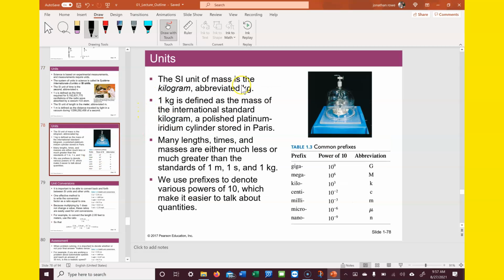The SI unit of mass is the kilogram, abbreviated kg. This is the one that's been the toughest to get a good standard for the scientific community. Right now, here's the definition, but they're constantly trying to figure out a different way to define kilogram. 1 kilogram is defined as the mass of the international standard kilogram, which is a polished platinum iridium cylinder stored in Paris.